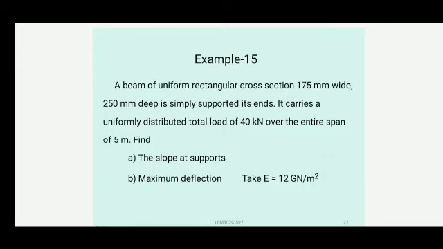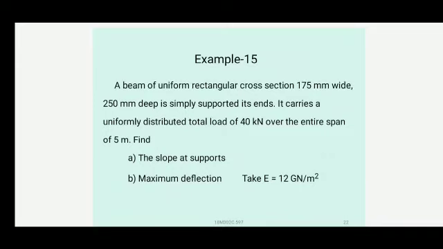And another problem, a beam of uniform rectangular cross section 175 mm wide, 250 mm deep is simply supported at its ends.